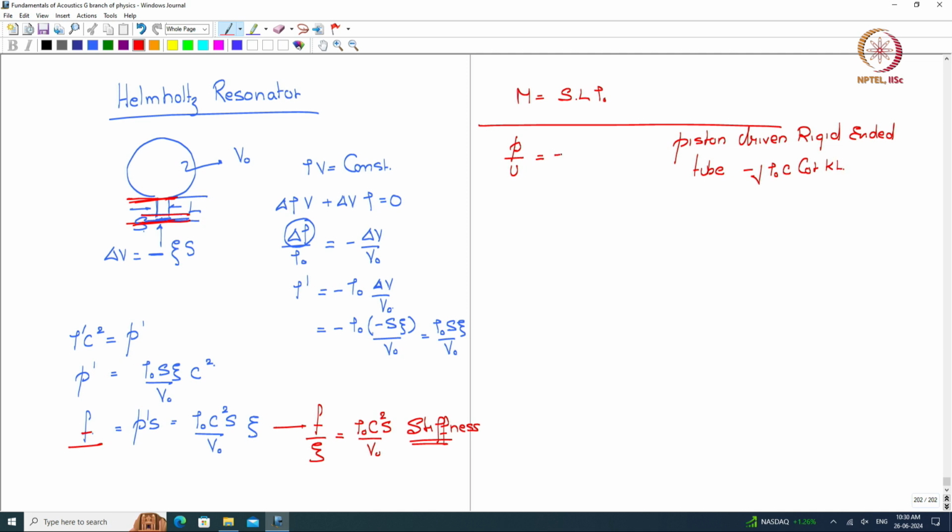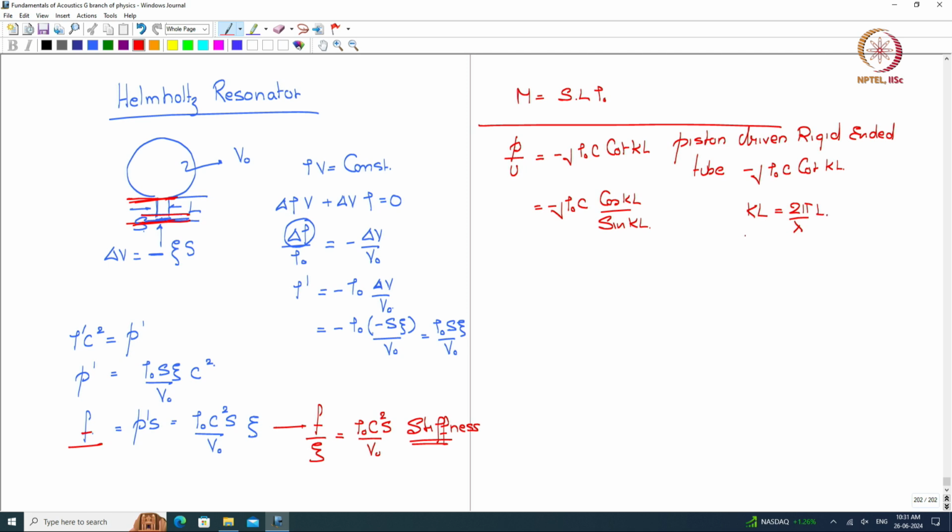Okay, minus j rho 0 c cot of KL is equal to minus j rho 0 c cos of KL by sine of KL. Okay, KL is equal to twice pi by lambda into L.